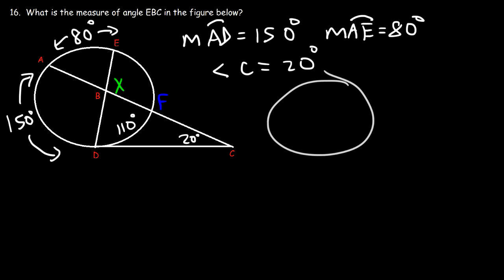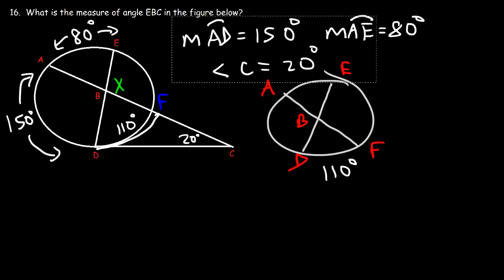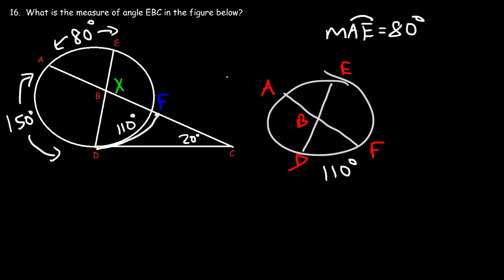Now in the second part, we're going to draw a chord angle. So this is A, E, B, D, and F. So DF, that's 110 degrees. AE is 80 degrees. And so let's calculate angle Z, the chord angle.